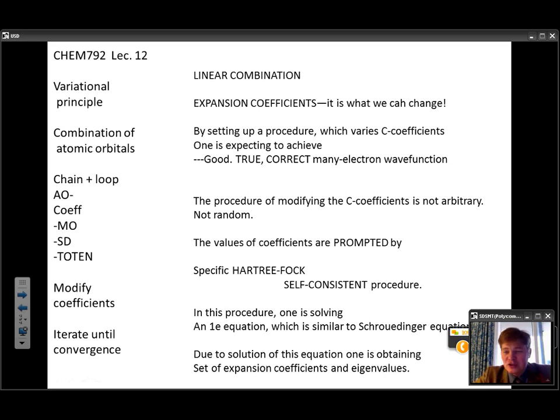And by trying different sets of those expansion coefficients, we can get minimal energy. Okay?